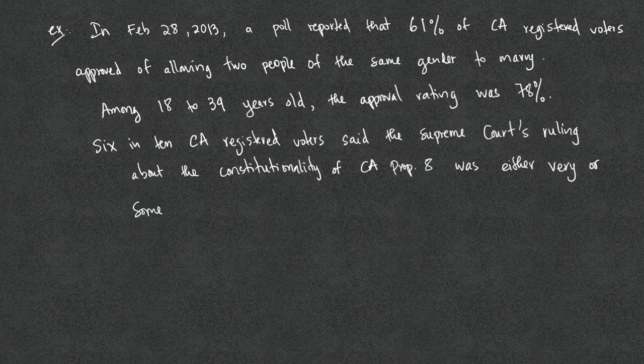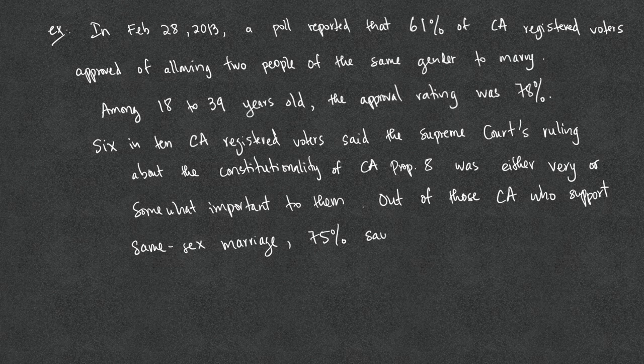Now, these 6 in 10 are not just 18 to 39 years old. Out of those California registered voters who support same-sex marriage, 75% of them say the ruling is important to them.